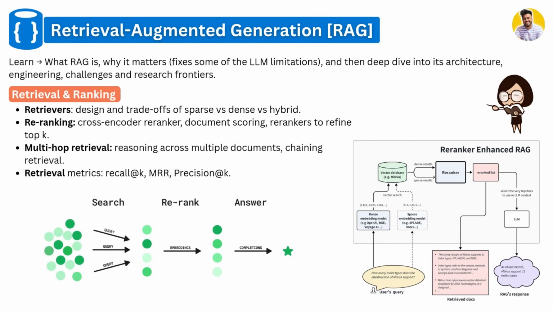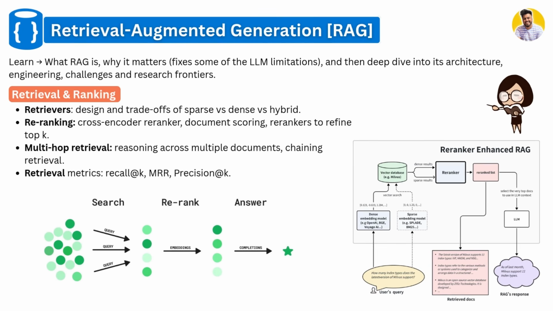Okay, so now you know about the DBs. Now let's learn about data retrieval and ranking from those vector DBs in a more efficient way. So learn about the retriever methods, their design, their trade-offs of sparse retrieval or dense retrieval or hybrid retrieval as well, along with the re-ranker, because the context or the documents that you get from the vector DB are in a very disoriented manner.